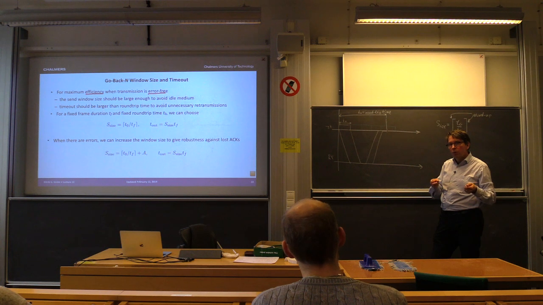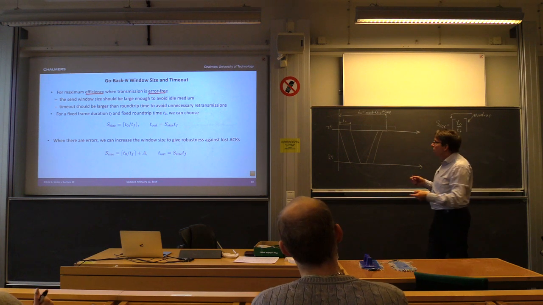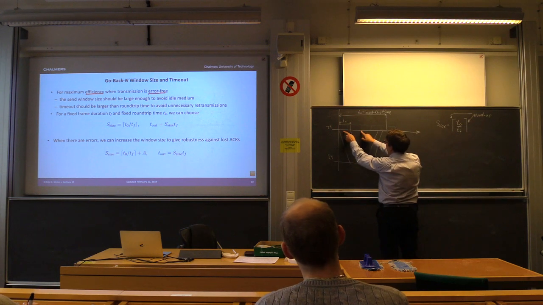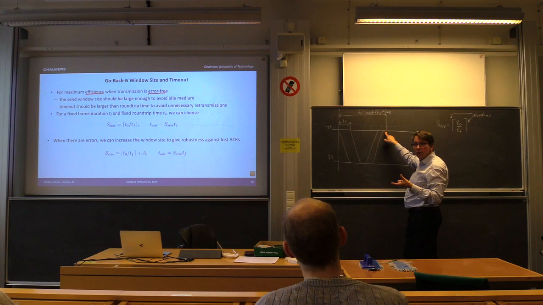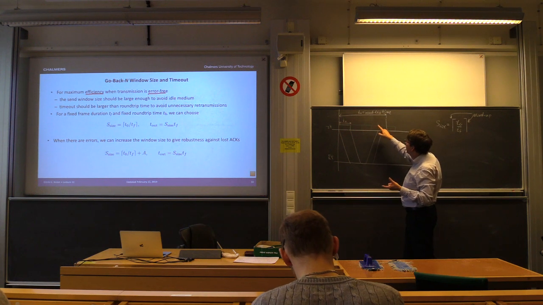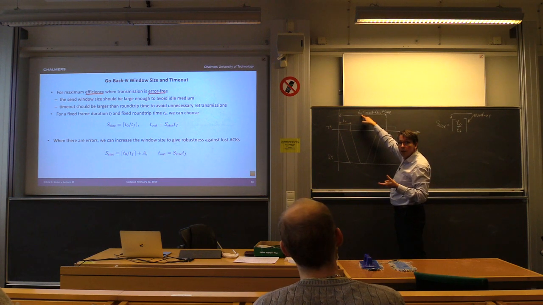as small as possible, but not smaller than this. So what do I mean by that? So if we time out before T0, then we will force retransmissions, regardless if these transmissions were correct or not. So it never makes sense to make the timeout less than the turnaround time.